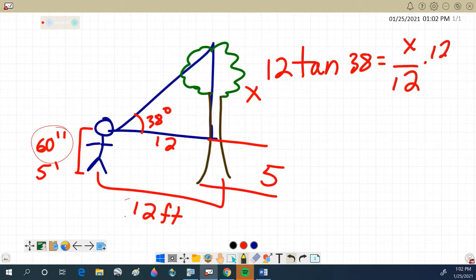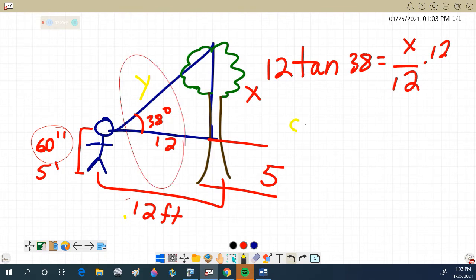Okay, so when you're solving these equations for trig ratios, there are really only 2 types. The first is x is on top, and we multiply by 12. But what if you wanted to know how far is it from my eye to the top of the tree? Well, let's use cosine.